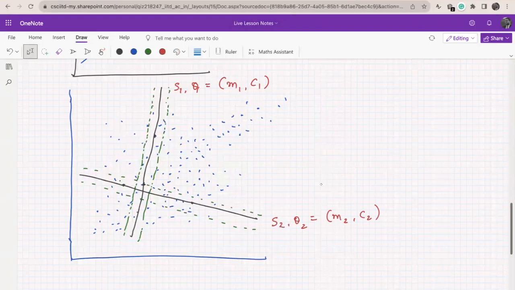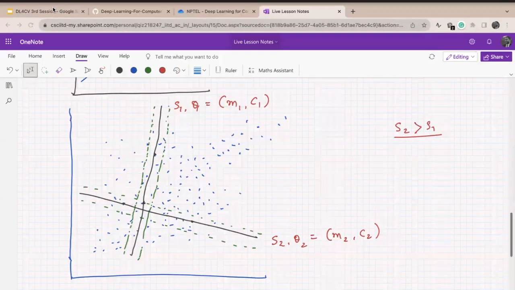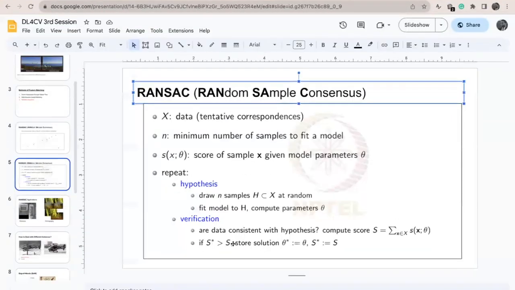Okay, so now we have the line, the score and the parameters with us, and now we can say that if, let's say, s2 is greater than s1, so what will we do? For this corresponding line, if s star is greater than s, store the parameter as well as the score.